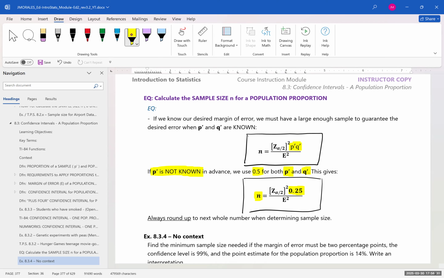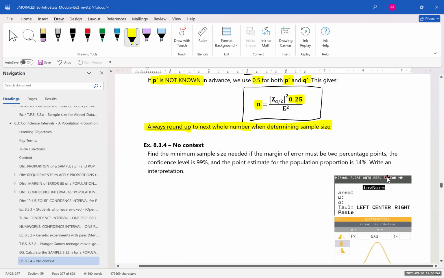So this is kind of a unique thing where, if you're not given enough information, you can just assume it's going to be 50-50 and use 0.25 in its place. Just like previously, though, you always want to round up to the next whole number when determining sample size. So let's look at an example here.